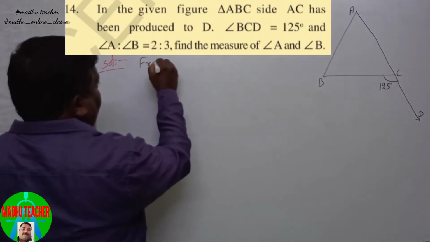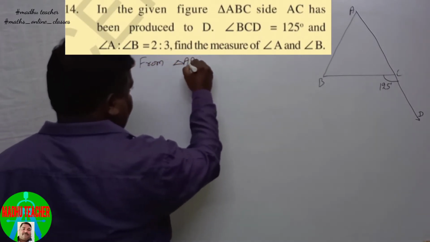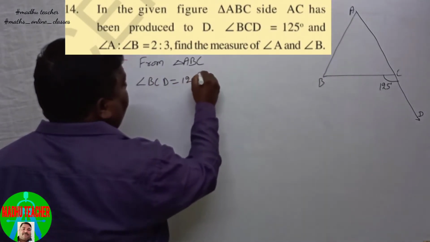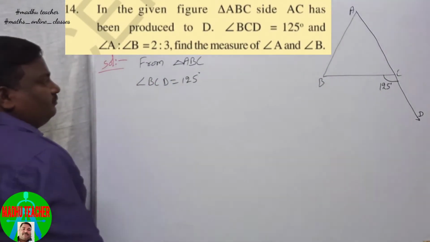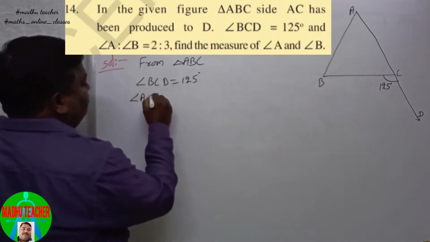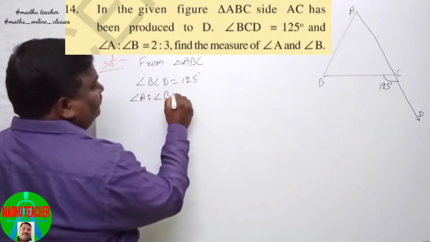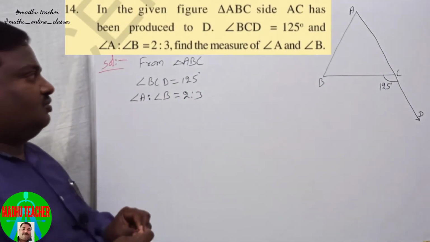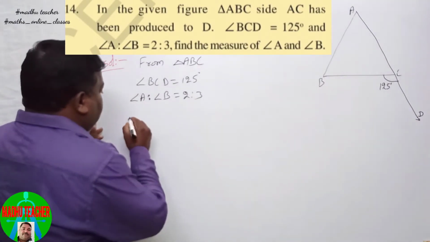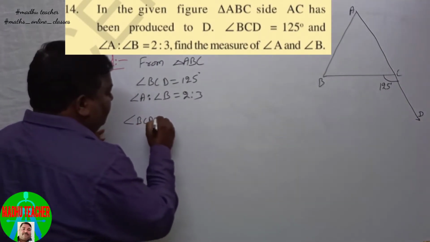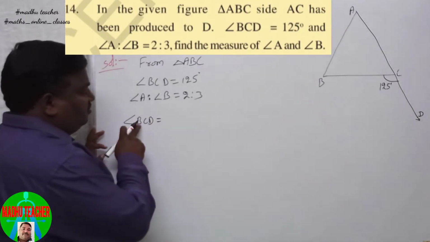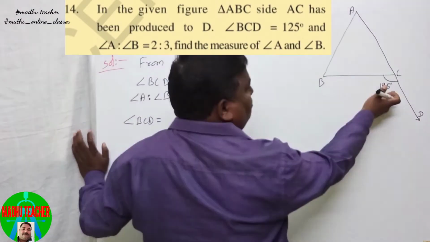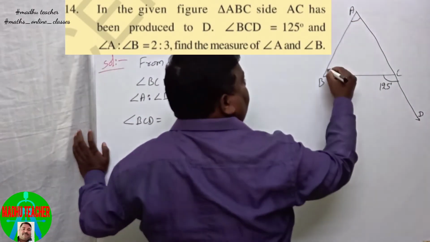So let us see, from triangle ABC, angle BCD equals 125 degrees and angle A is to angle B equals 2 is to 3. This is given. So then we know that angle BCD is the exterior angle, and the exterior angle equals the sum of the opposite interior angles.